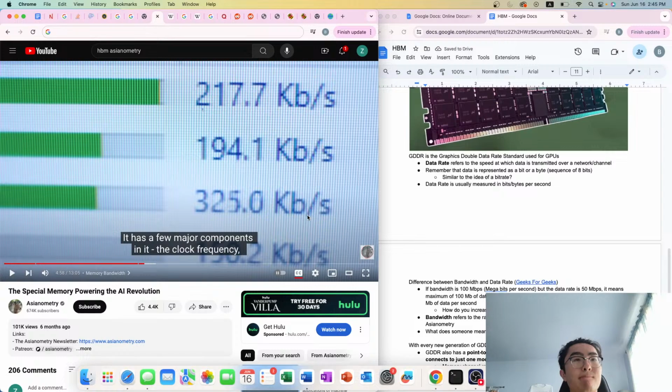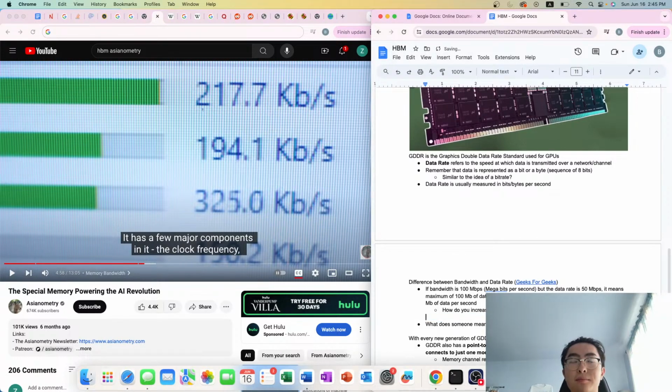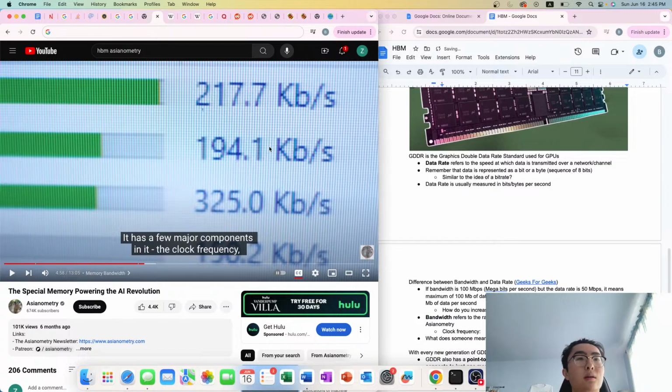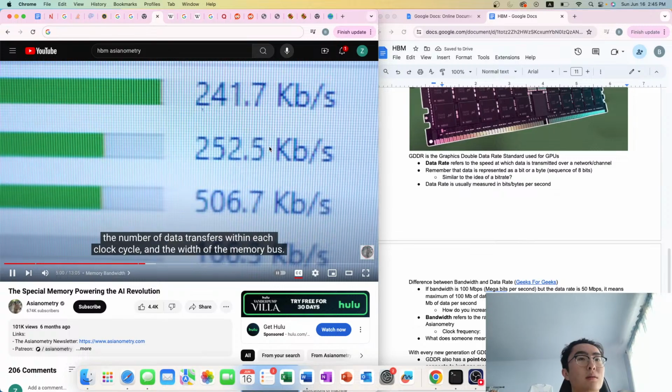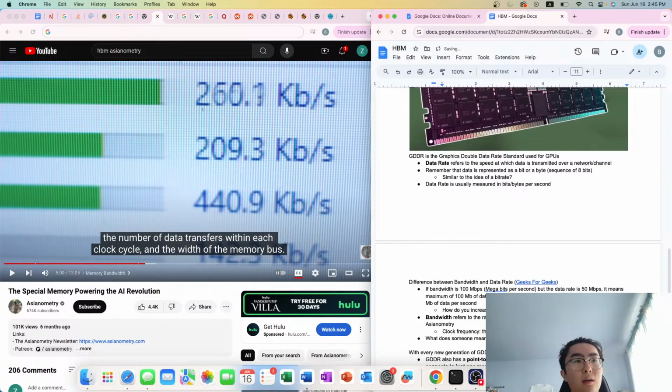The clock frequency, the number of data transfers within each clock cycle, and the width. So this is the number of data transfers within each clock cycle.